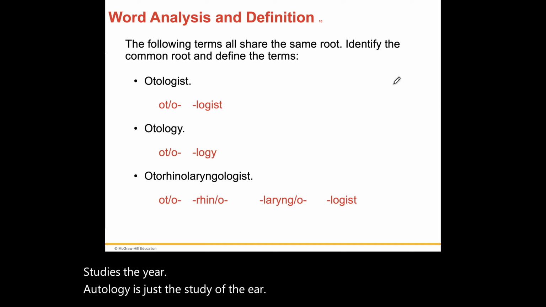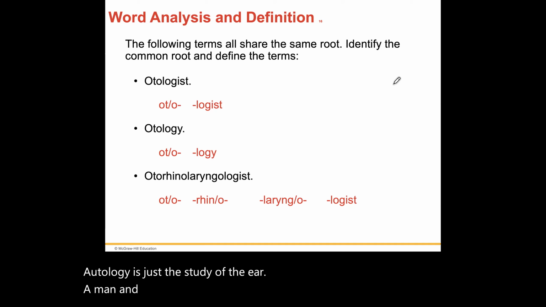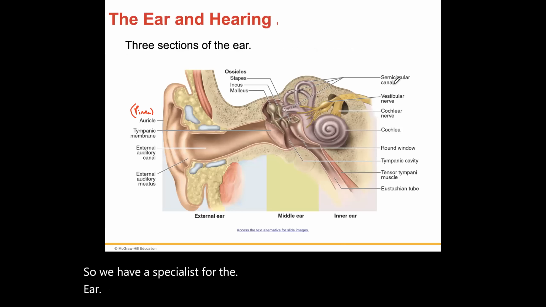An otorhinolaryngologist, that's a mouthful. Oto again means ear. Rhino means nose. Laryngo means larynx. And the suffix is a specialist. So we have a specialist for the ear, nose, and larynx.